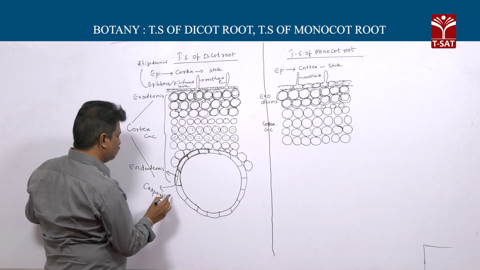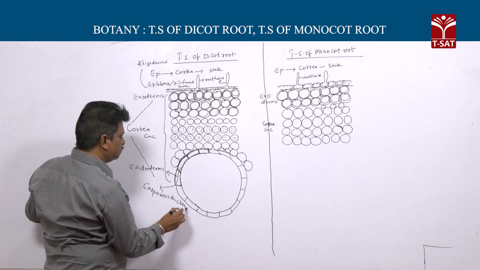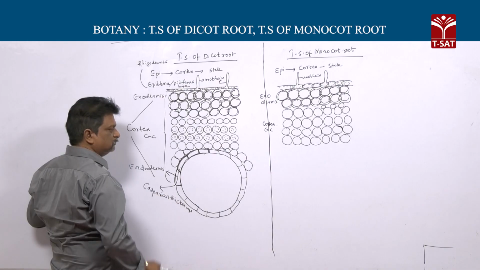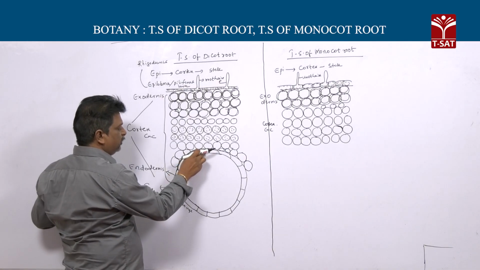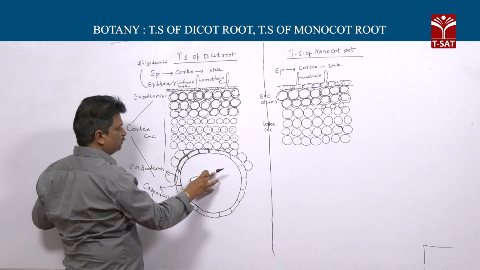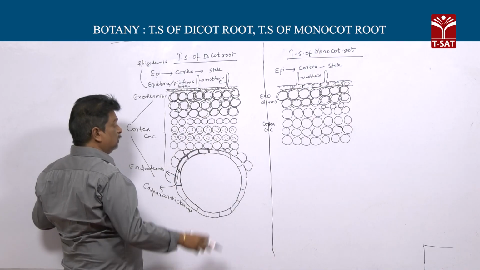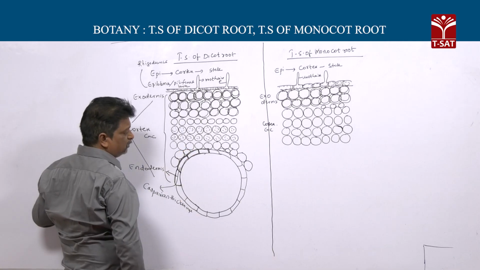Such thickenings are called Casparian thickenings, reported by Caspary. Because of Casparian thickenings, this endodermis acts as barrier between stele and the cortex. Because of these thickenings, it is impermeable to water.